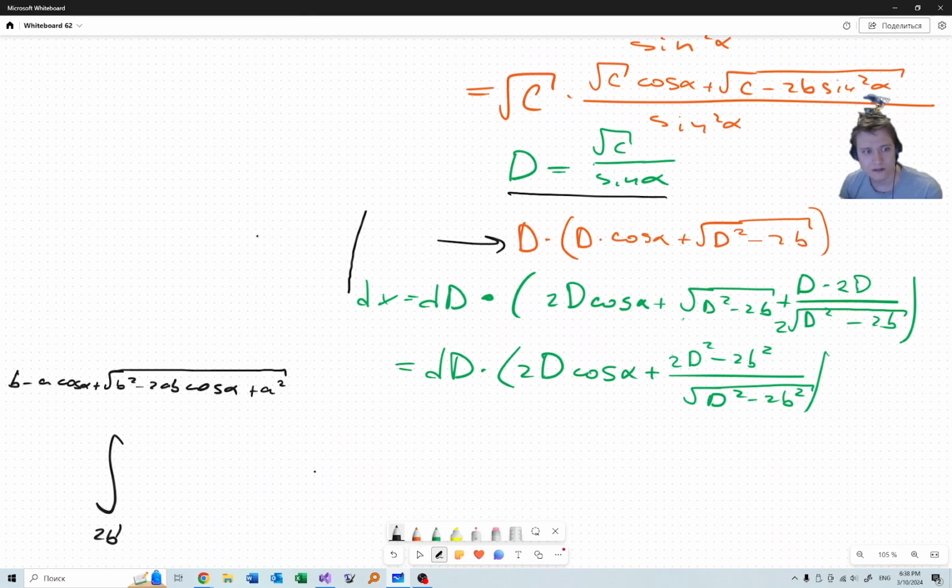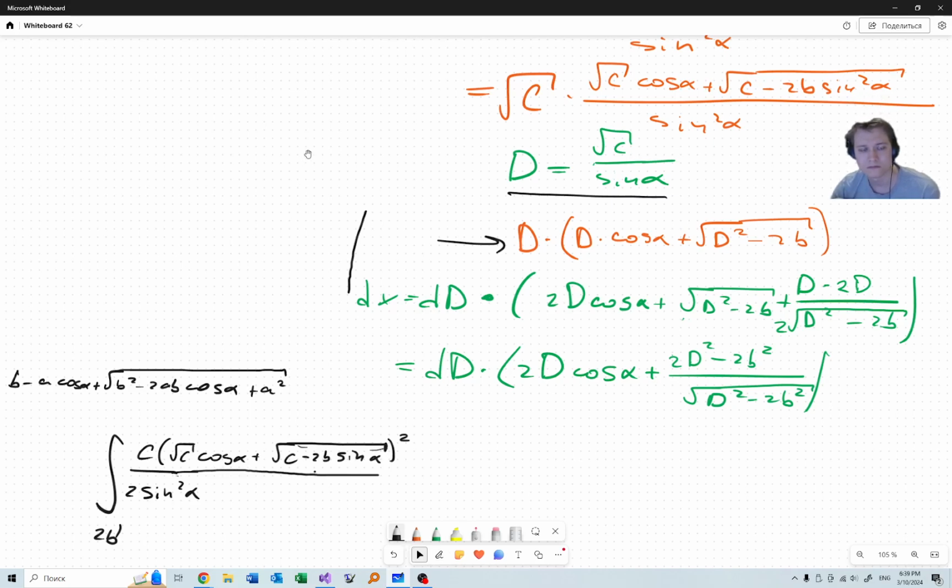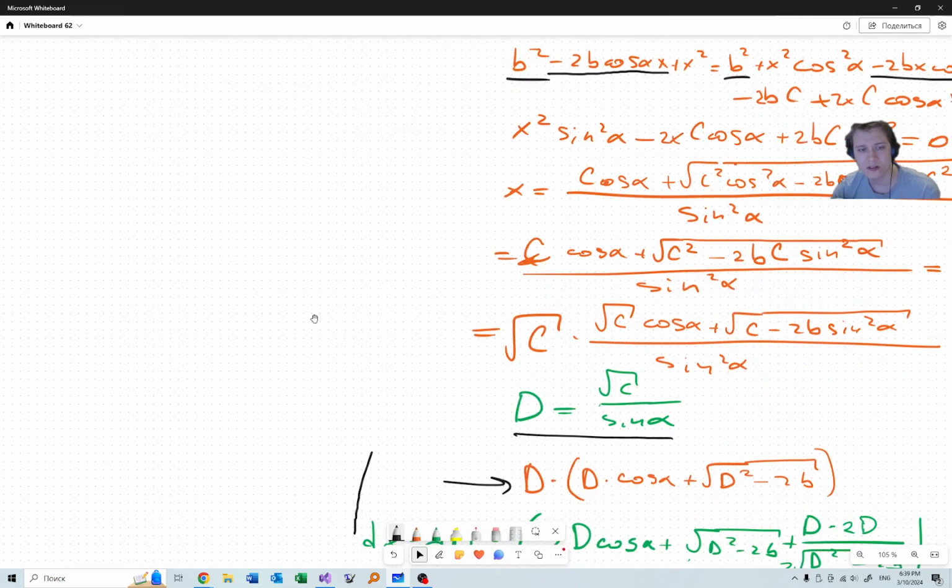So we have c over 2 sine squared alpha times the square root of c cos alpha plus c minus 2b sine alpha, squared, times the logarithm of c.